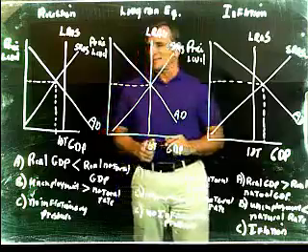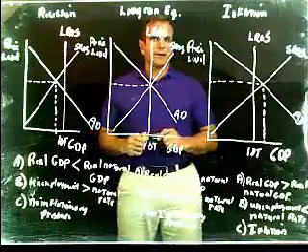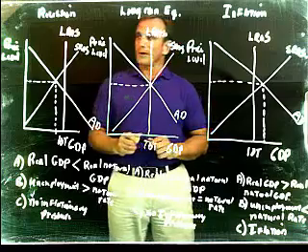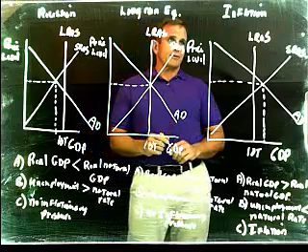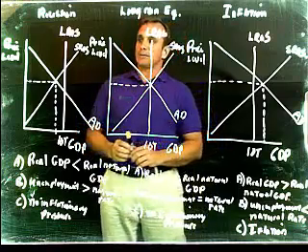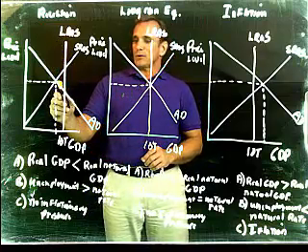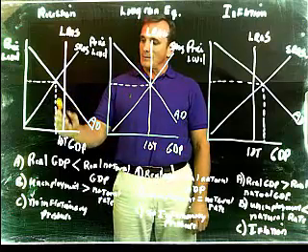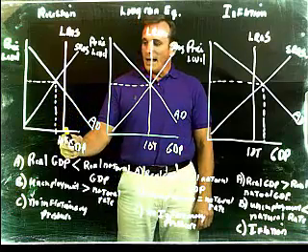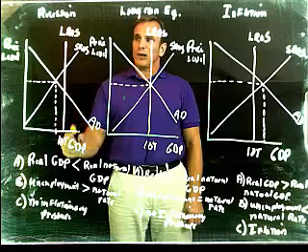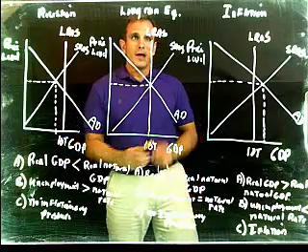Today we're going to talk about classical economics in an aggregate demand, aggregate supply framework. I have diagrammed the three possible states of the economy. A recessionary gap exists when short-run aggregate supply and aggregate demand intersect at some level less than long-run aggregate supply.